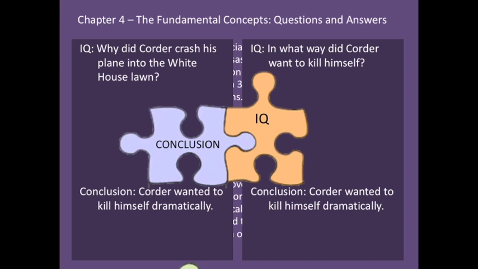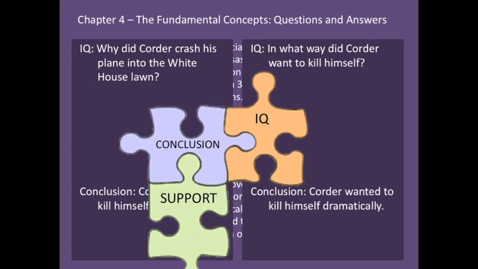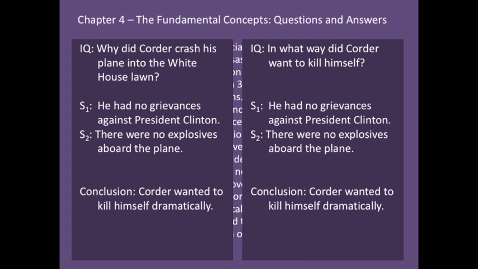So the next ingredient that we can bring in is the support. Here are a couple pieces of support that appear in this passage. He had no grievances against President Clinton, and there were no explosives aboard the plane. Now, the purpose of support in an argument is to help guide us toward the correct answer to the implicit question.